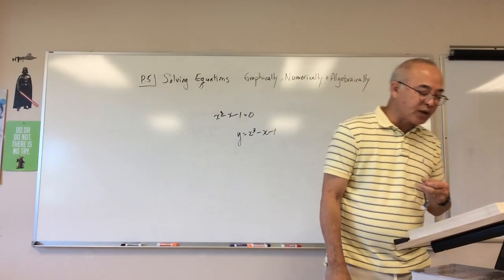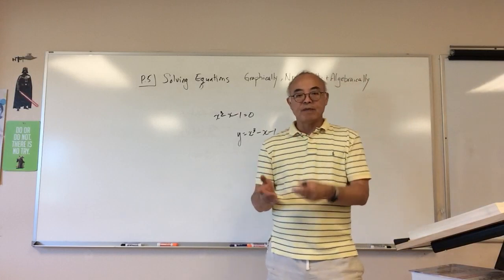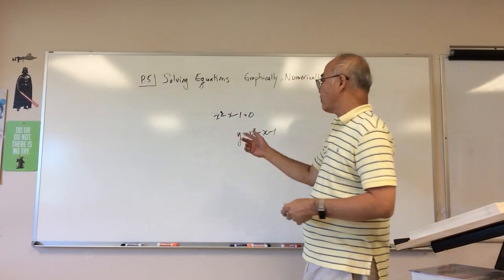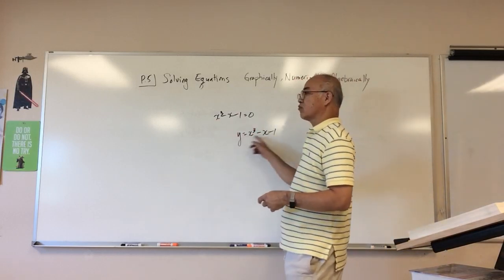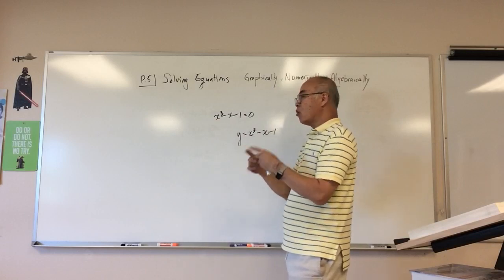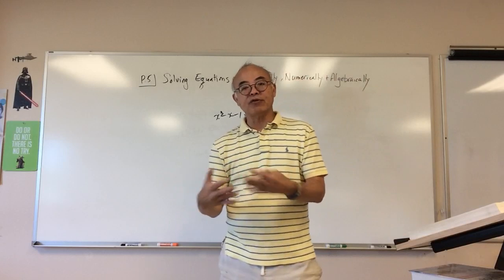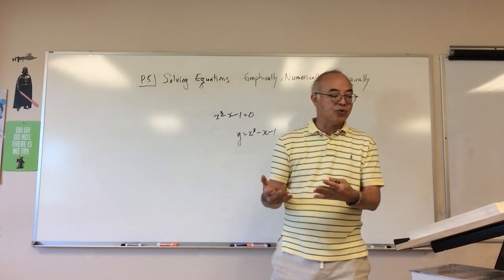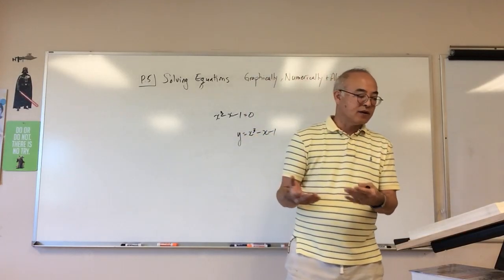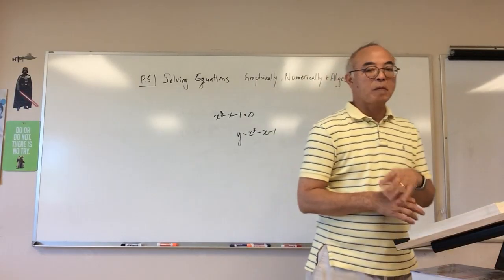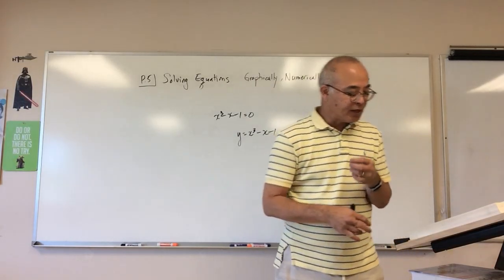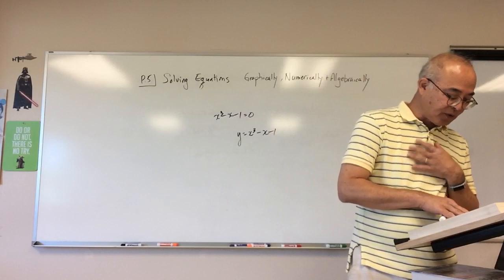So I would start doing a table between 1 and 2. Find out where the value actually switches from negative to positive or positive to negative. In order to switch from positive to negative or negative to positive, it had to go through the x-axis. So that's what you're looking for, the point where it switches over, okay?